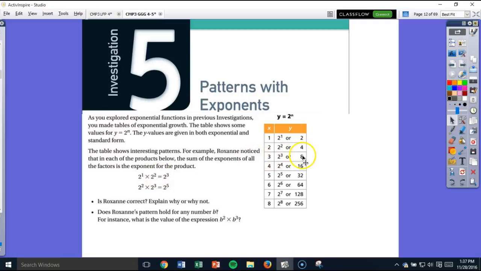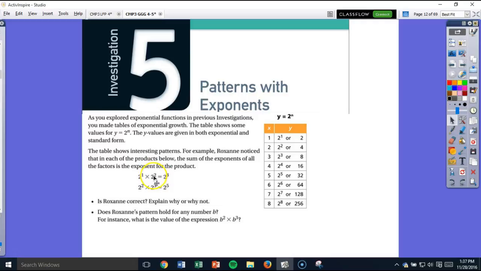Well, 2 to the third is 8. Also, 2 to the second, 4, times 2 to the third, 8, or 32, is equaling 2 to the fifth, which it does.